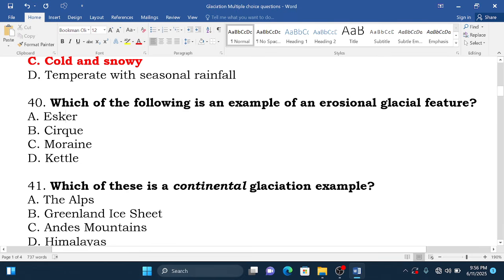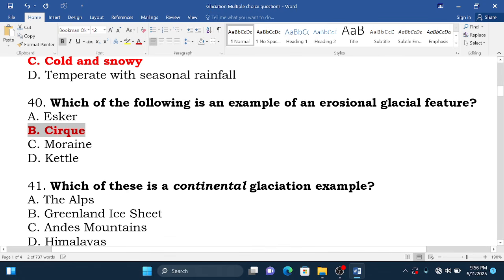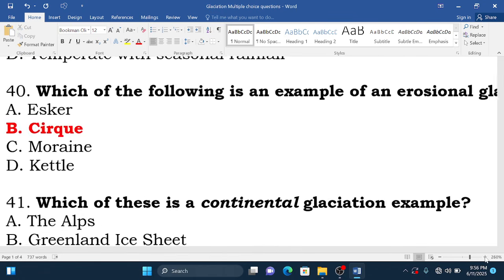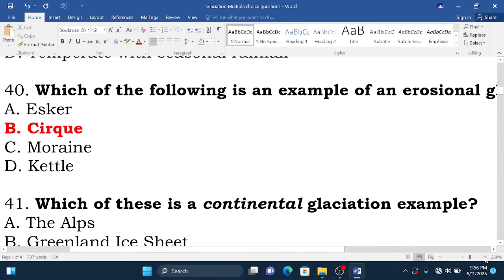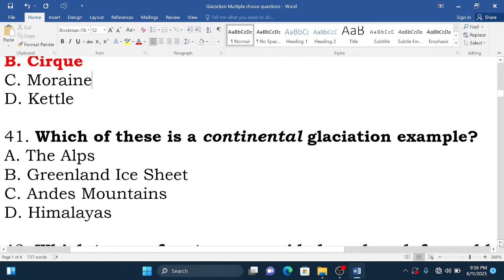D, kettle. Kettle, moraine, and esker are glacial depositional features, but the correct one is B, cirque, because a cirque is a glacial erosional feature. Let's go to question number 41.